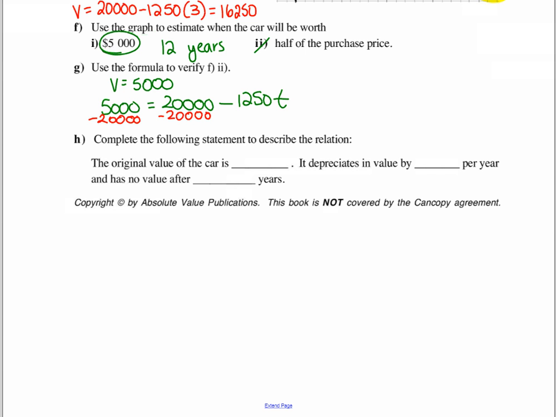Which gives me 5,000 minus 20,000, negative 15,000 equals, what's left over on this side? Positive or negative? Negative 1250t. And then we're going to divide both sides. Okay, plug that in your calculator. Tell me what it gives you.